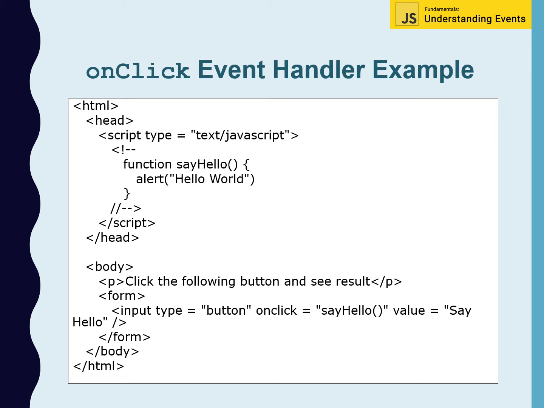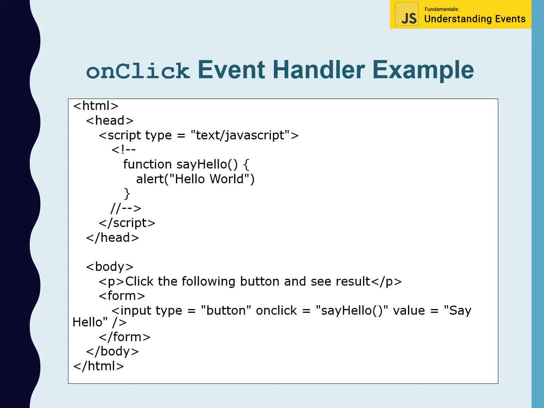Inside this head tag, a script tag is embedded, with type equal to text/javascript. Then after the opening script tag, a function is specified. The name of the function is say hello. The body of the function contains an alert statement which specifies hello world. After that, script is closed, head is closed.